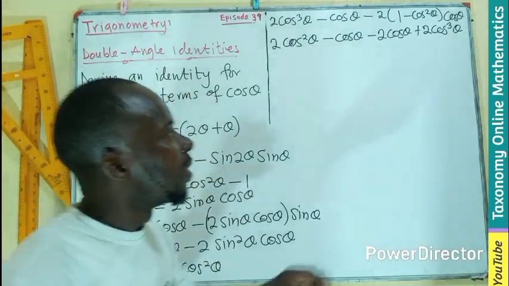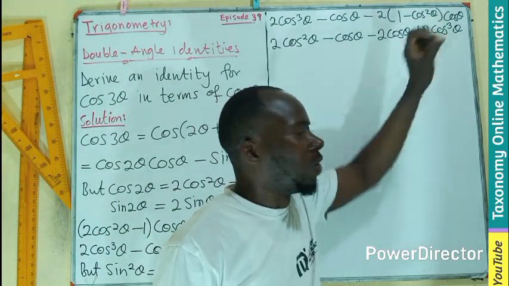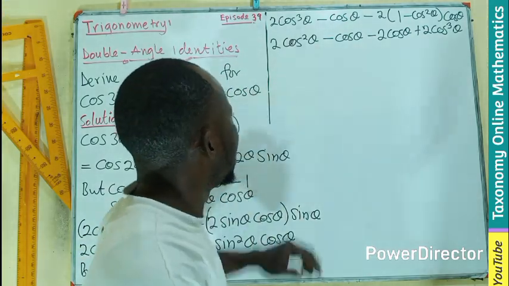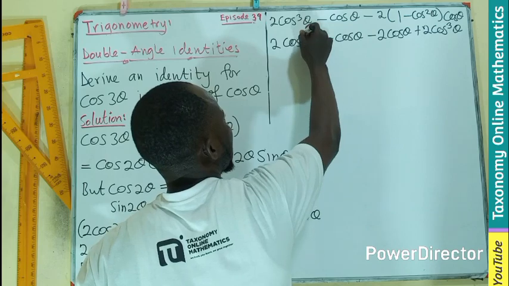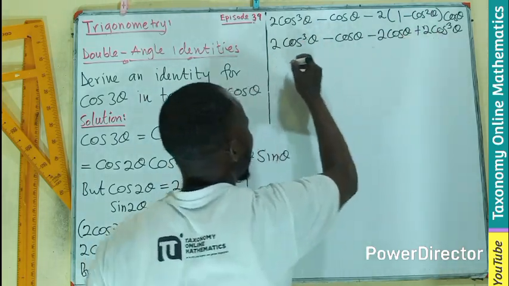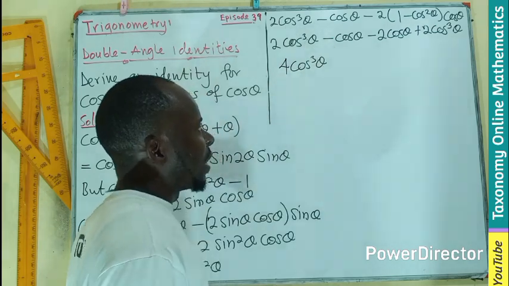I guess you get it. Or you use the 2 to multiply this and this, then your result will now multiply the cos theta. You come back to the same answer. This is to the power 3, power 3, 2 of it. It becomes 4 cos cube theta.